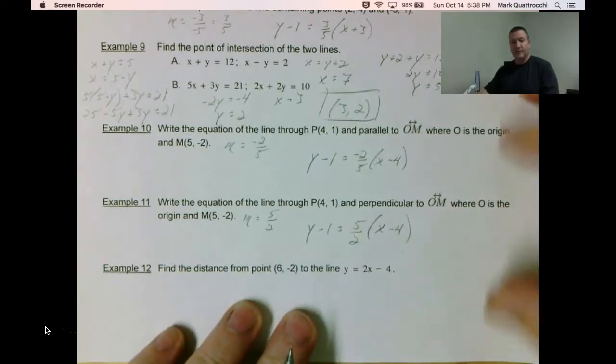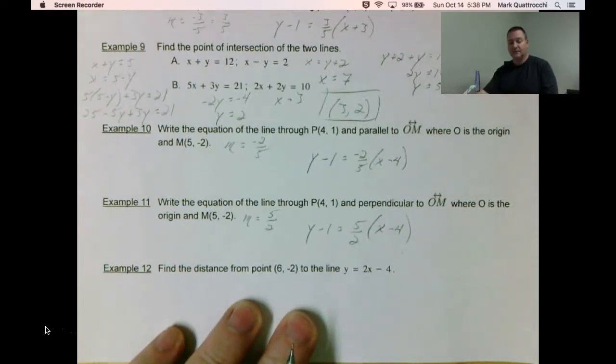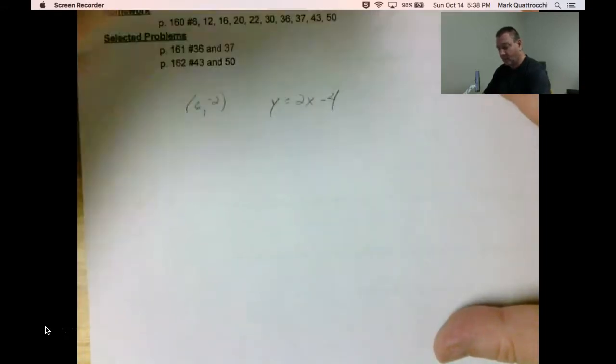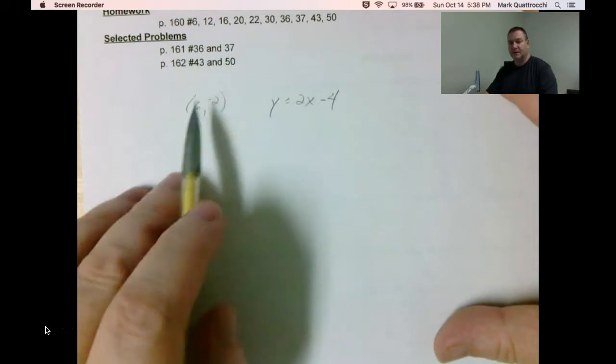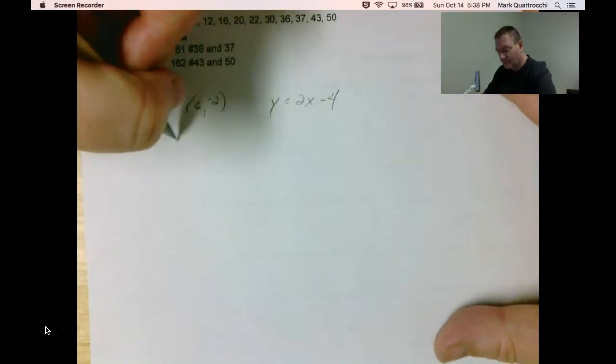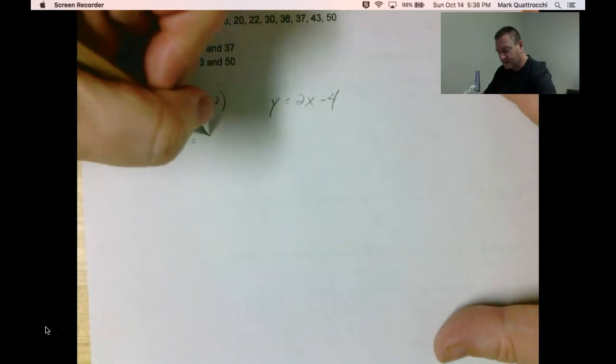I'm going to flip over to the back side so that I have plenty of room to do this. Let me just recopy the given information. We have the point (6, -2), and we have the original line y equals 2x minus 4. Okay, so let's start off by finding the line that is perpendicular to this, going through this point. The slope of that new line is going to be -1/2.